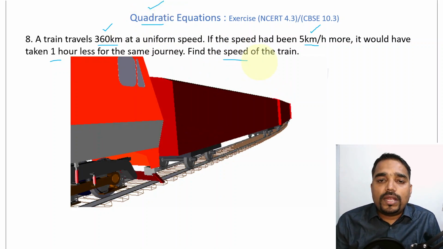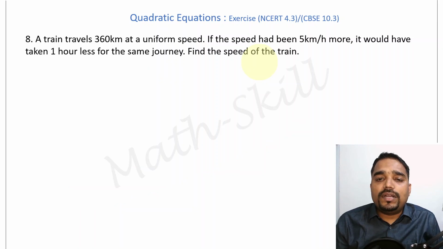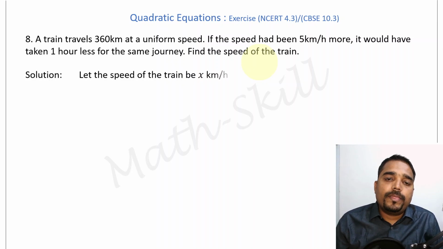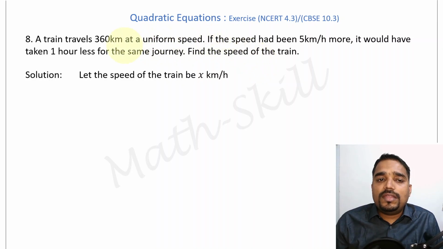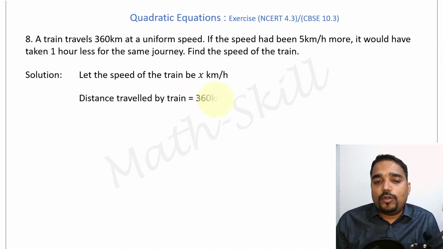In order to do that, let us assume the speed of the train to be x kilometers per hour. Now let's note down the given condition, wherein the train is traveling a distance of 360 kilometers.